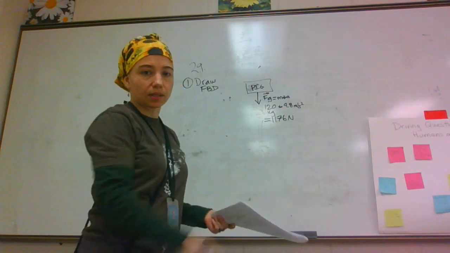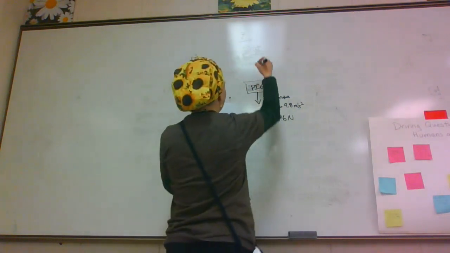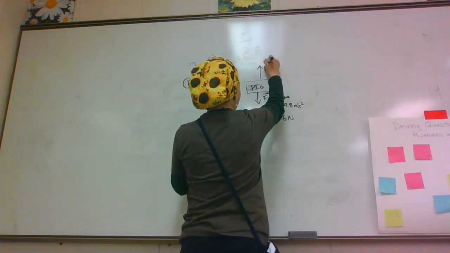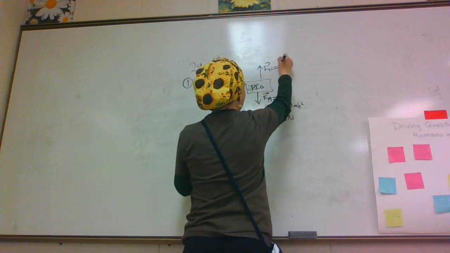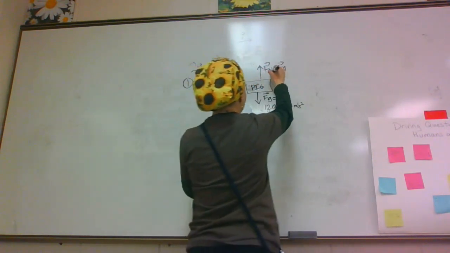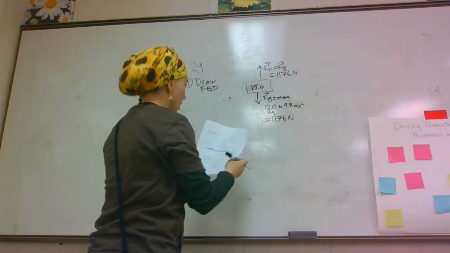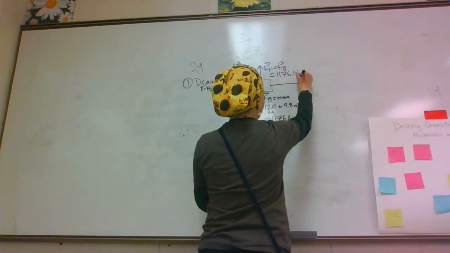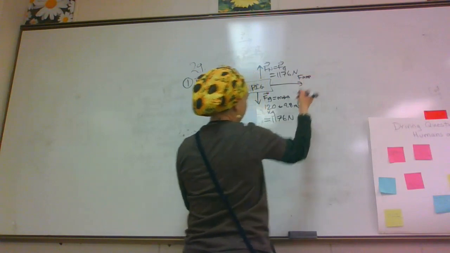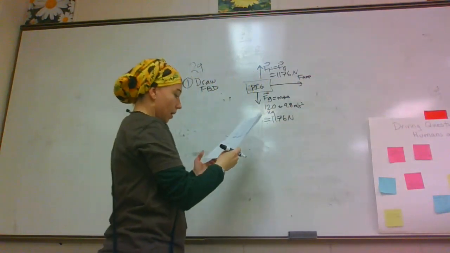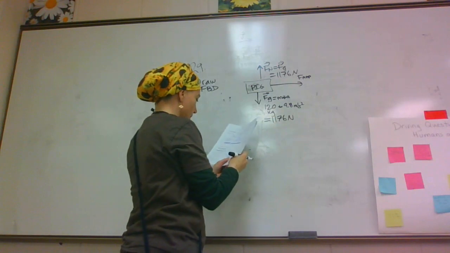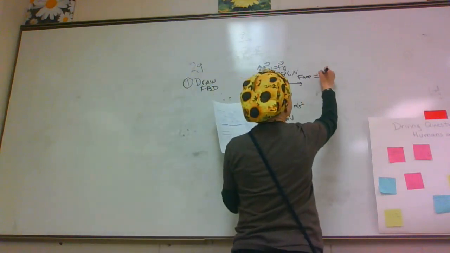There's no indication that the pig is accelerating upward or downward, and so my normal force is going to be equal to my force due to gravity. These are in balance, and that's also going to be equal to 1,176 newtons. And then I have this applied force on the pig. It's being applied by a rope, and that force is 800 newtons.